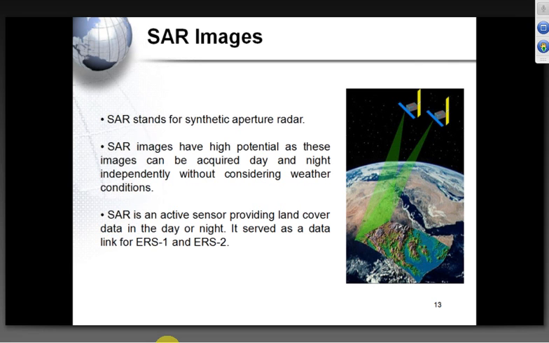SAR imagery can be used in areas where penetration under the ground is required. These images can be acquired day and night because they are independent of weather conditions. SAR is an active sensor providing land cover data in the day or night.